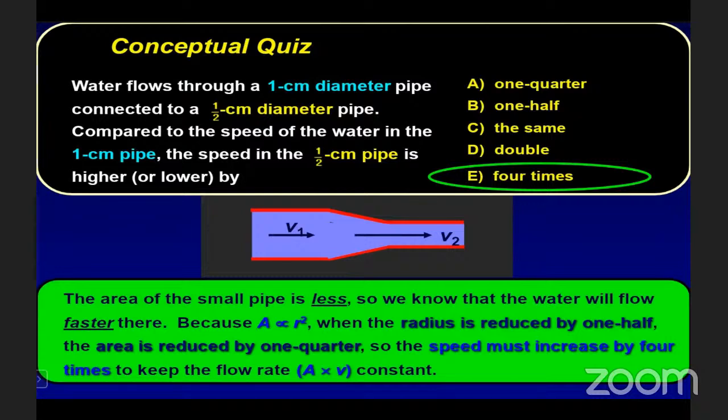The area of the small pipe is less, so we know that the water will flow faster there because A is proportional to r². When the radius is reduced by 1/2, the area is reduced by 1/4. So the speed must increase by 4 times to keep the flow rate A times V constant.